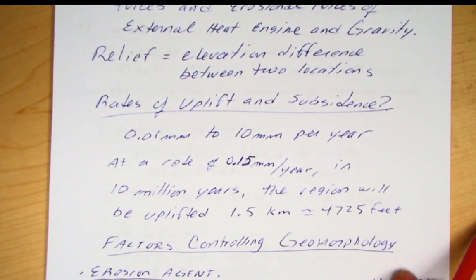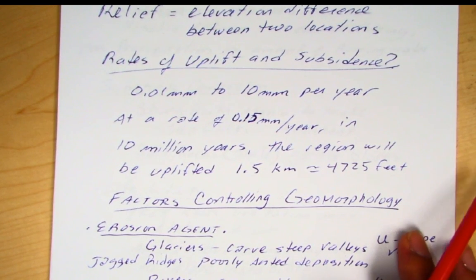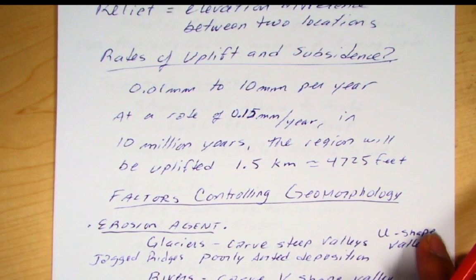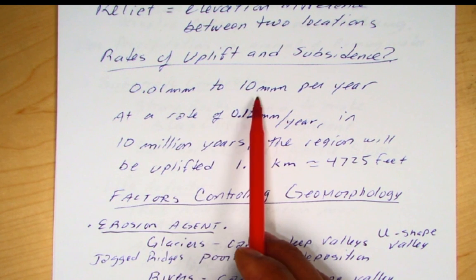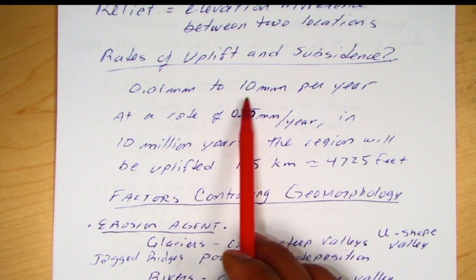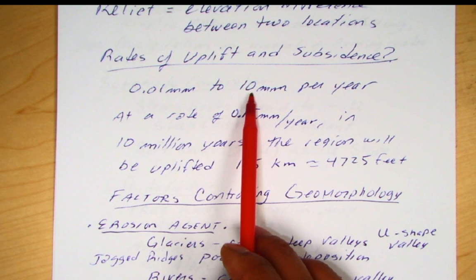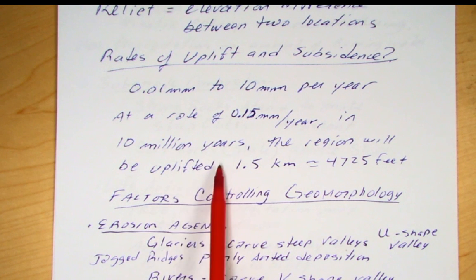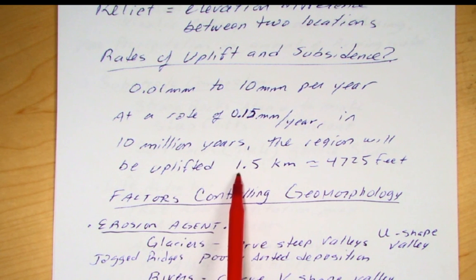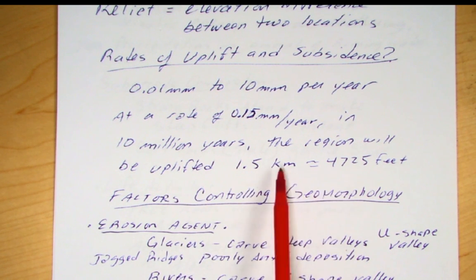And then regions undergo subsidence or uplift, and the rates your book says are anywhere from about 0.01 millimeters per year to 10 millimeters per year. Remember, 10 millimeters is 1 centimeter, so they seem relatively slow, but at a rate of just 0.15 millimeters per year, you can get uplift in 10 million years of almost 5,000 feet, 1.5 kilometers.